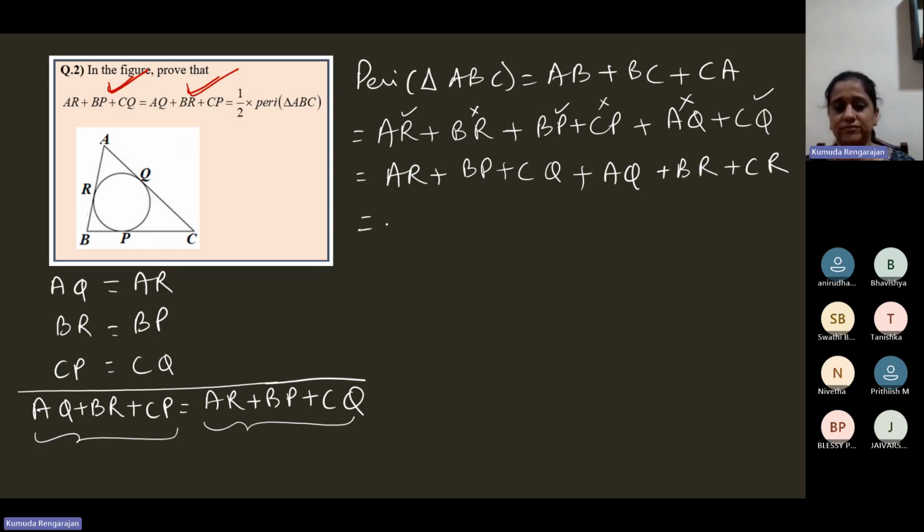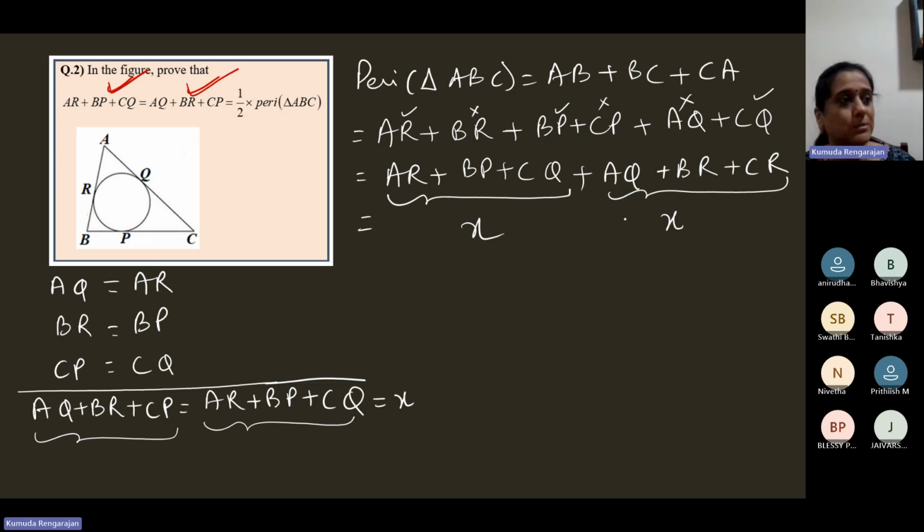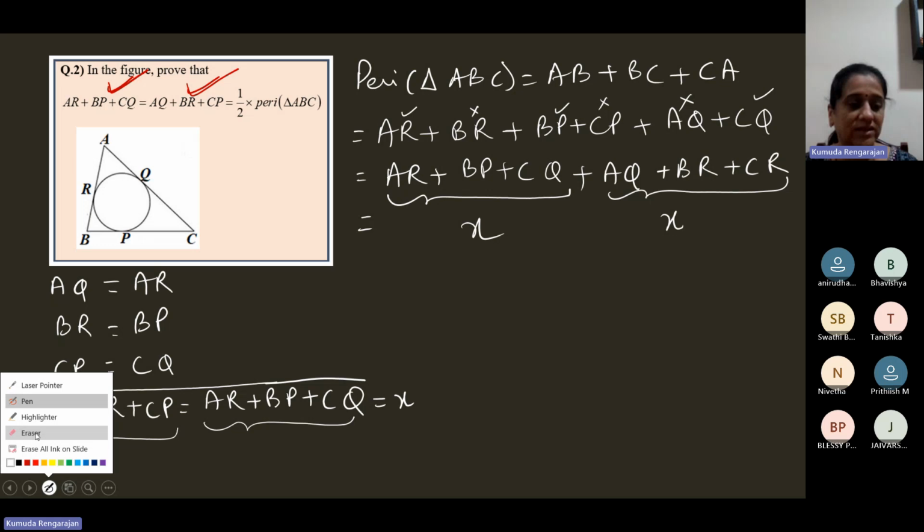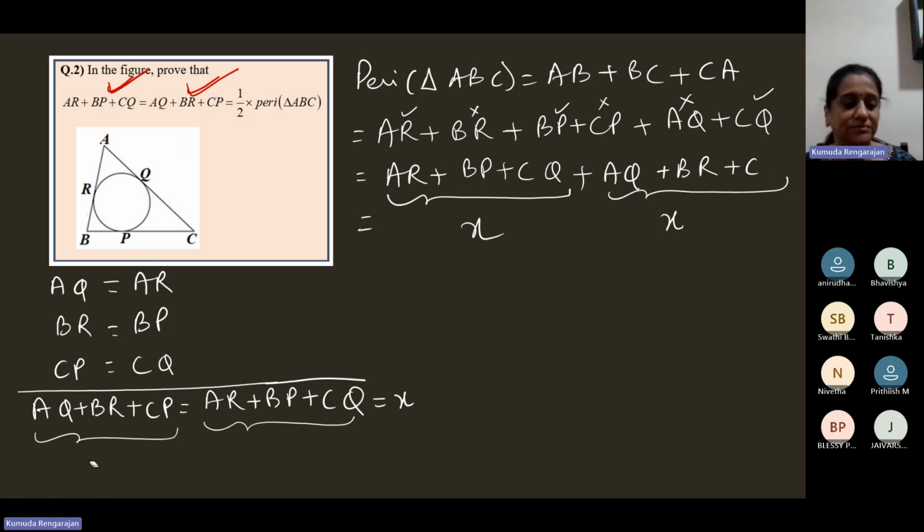Now let me say that these two are equal to X. Any letter, we'll just call it X. So this one is X and this one is X. CP, CP. Yes, okay.